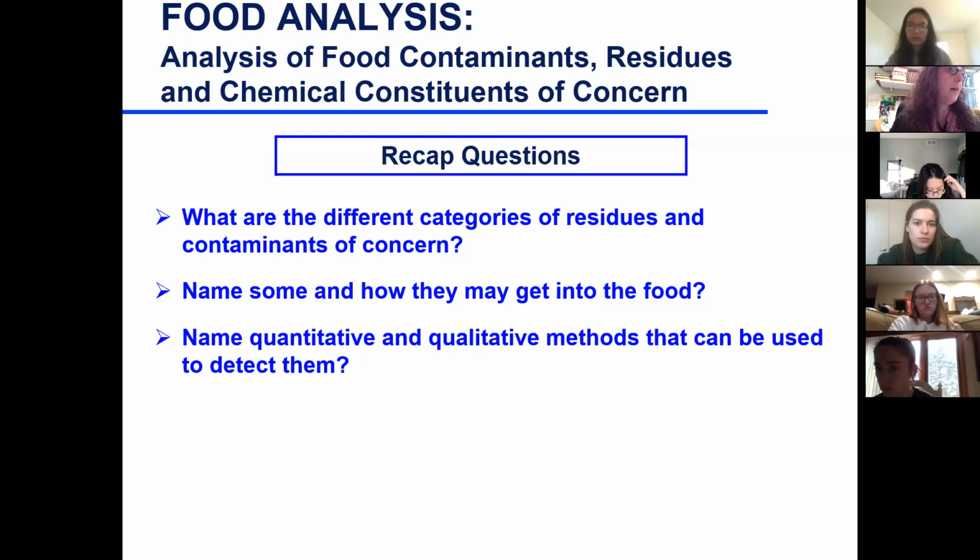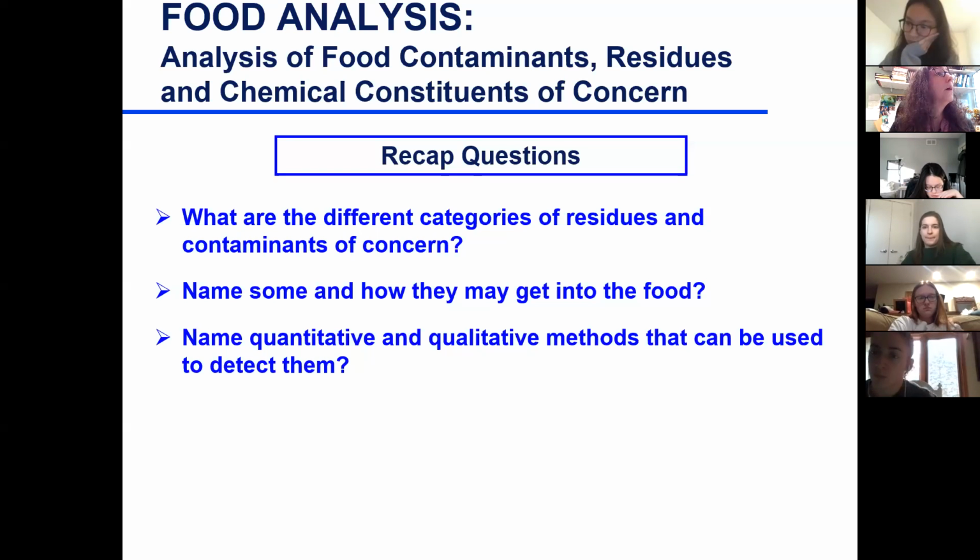During processing, yes, we can generate acrylamide, for example, or add nitrate for processing of meat. Transportation, where we can get contamination. Yes, found naturally. Antibiotics as residue in animals that got slaughtered sooner than they should be, before stopping the antibiotics.